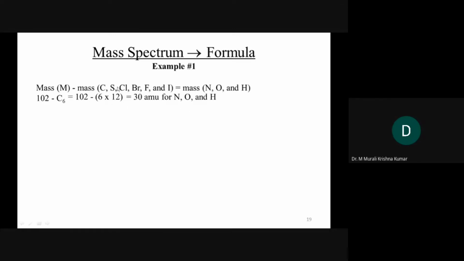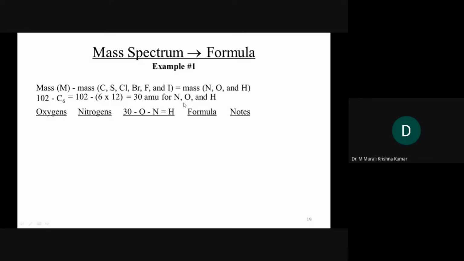This is the meaning of this statement: mass minus mass of carbon, sulfur, chlorine, bromine, fluorine and iodine is equal to mass of nitrogen, oxygen and hydrogen. This is simple logic that we apply.